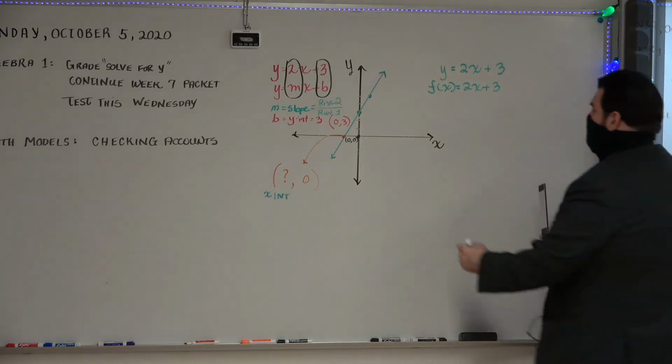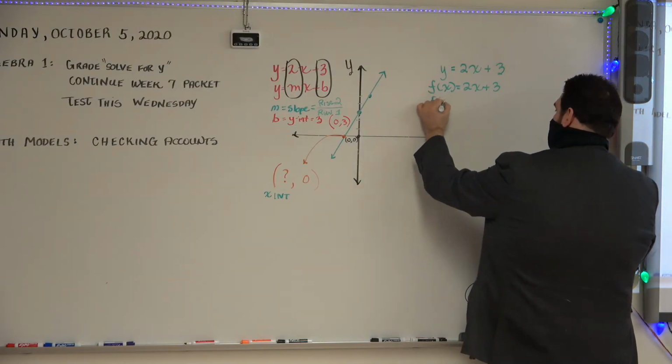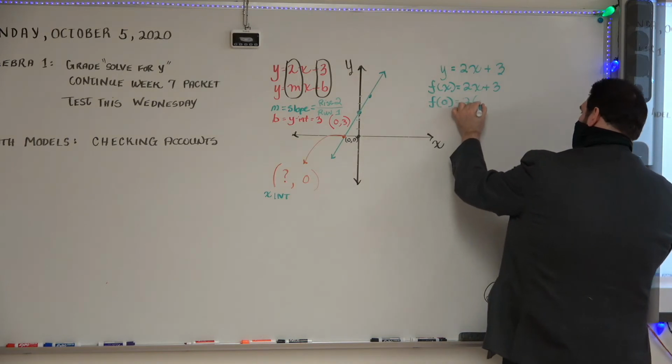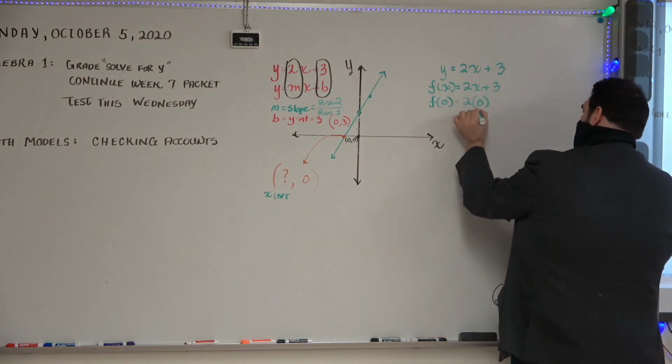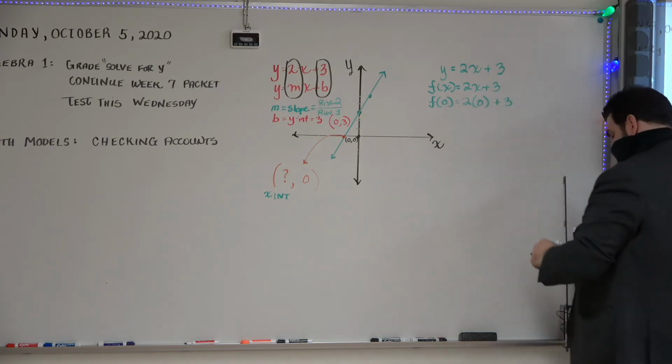Now write f of 0 equals 2, open parentheses, 0, close parentheses, plus 3.